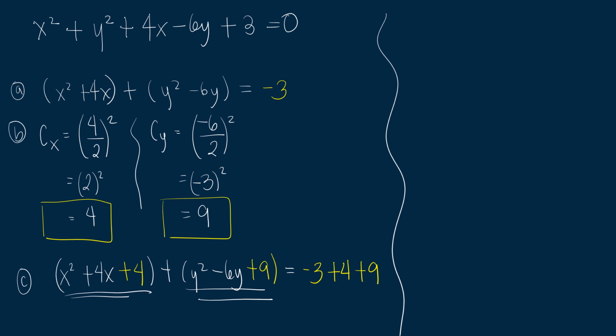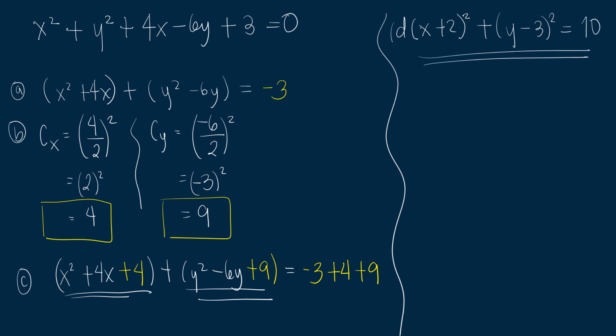Since 4x is positive, it can be factored as x plus 2 quantity squared, and also y minus 3 quantity squared is equal to negative 3 plus 4 plus 9, which is equal to 10. And this is already your standard equation.